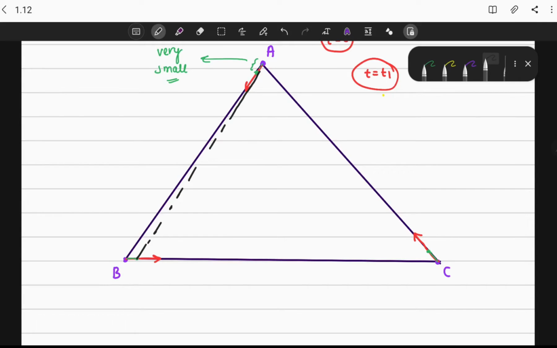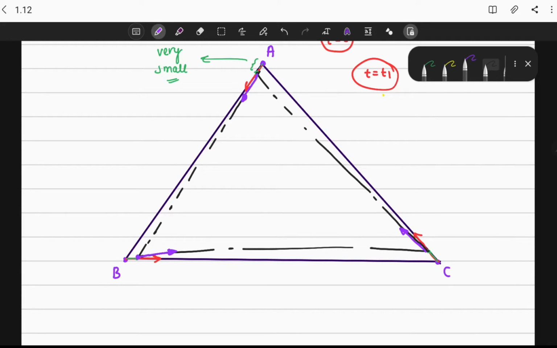Now let us connect these 3 points. In this condition, A will have the velocity towards B, because point B has reached this point, B will have the velocity in this direction, and C will have the velocity in this direction.